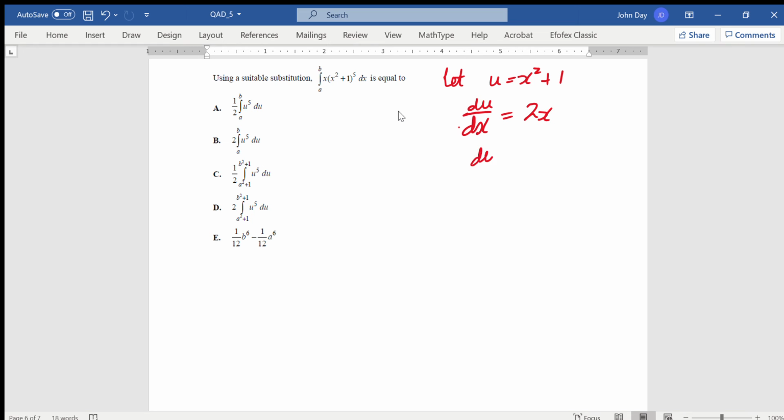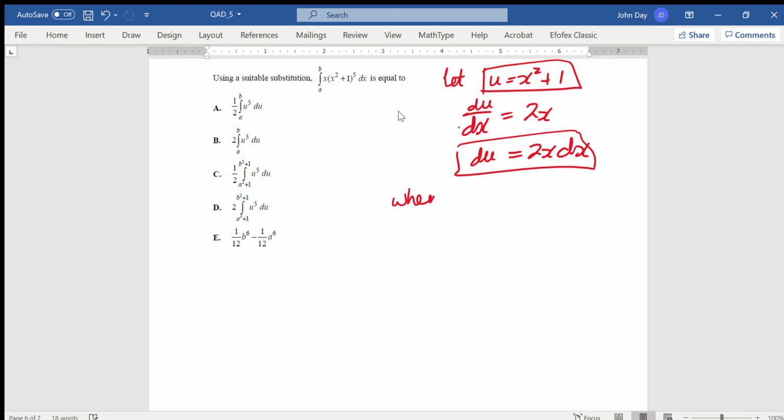So wherever I see 2x dx, I can throw a du in. Wherever I see a u, I can throw x squared plus 1. Our original one has terminals a and b, so when x is a, u is a squared plus 1, and when x is b, u is b squared plus 1.